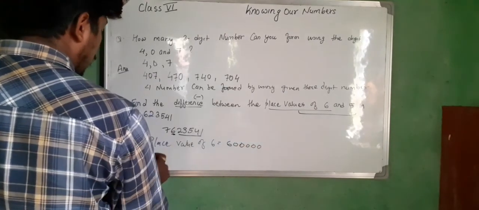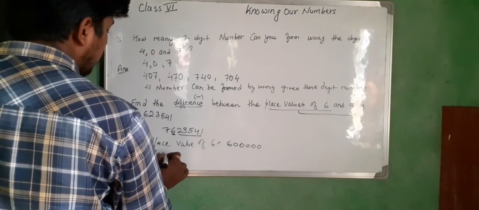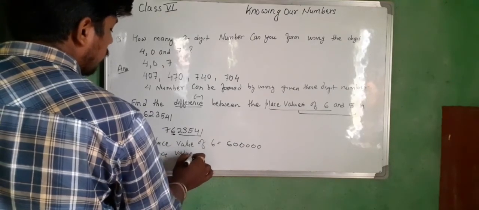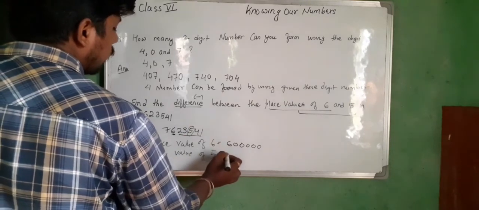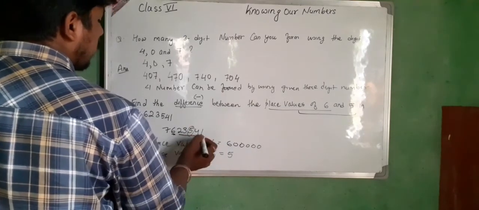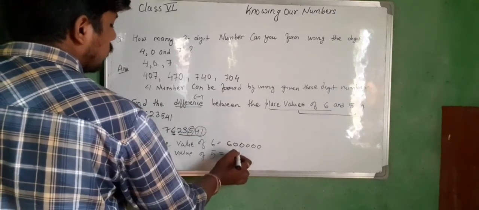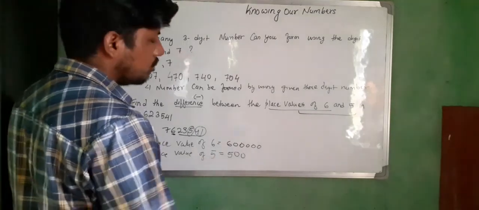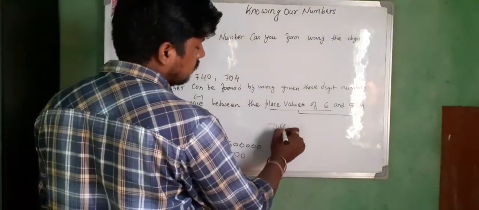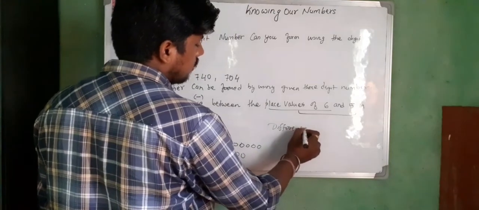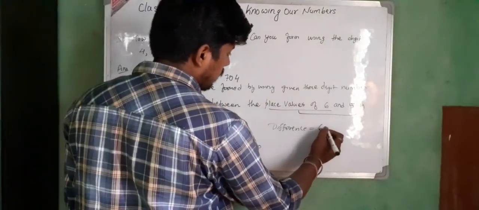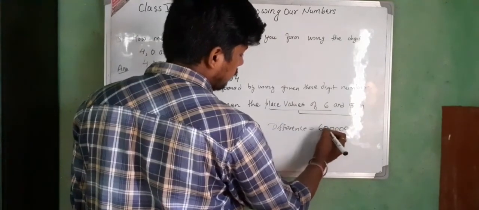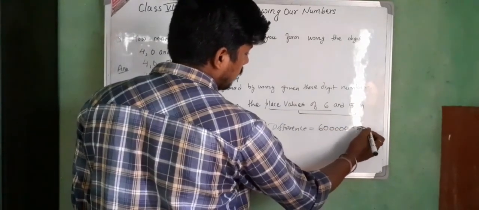Okay. Now the place value of 5. Where is 5? 5 is here. So write down 5 first. After 5, 2 digits are there. So put 2 zeros. Now what we have to find? The difference. That means you have to subtract these two. That is 6 lakh minus 500.